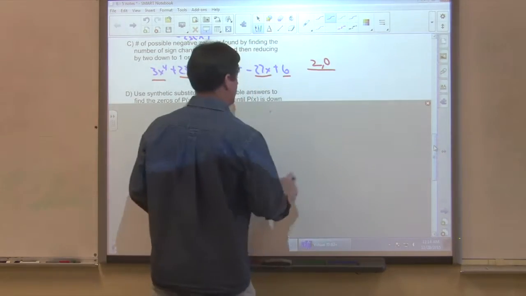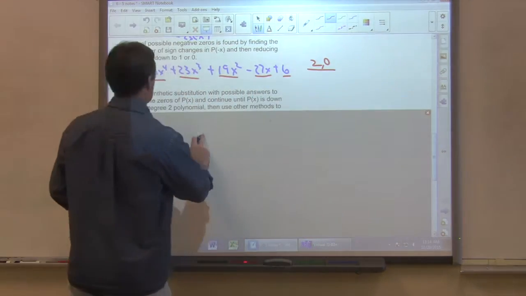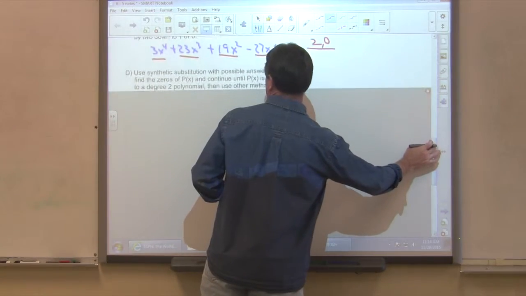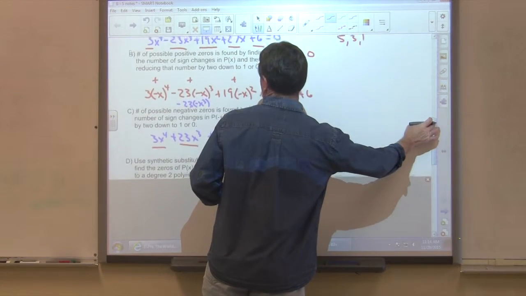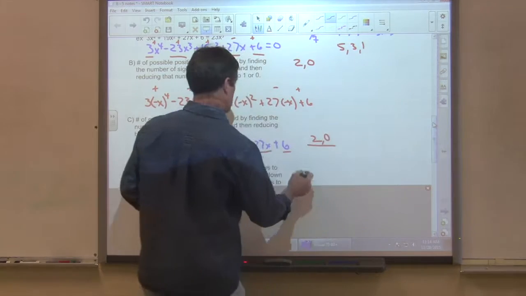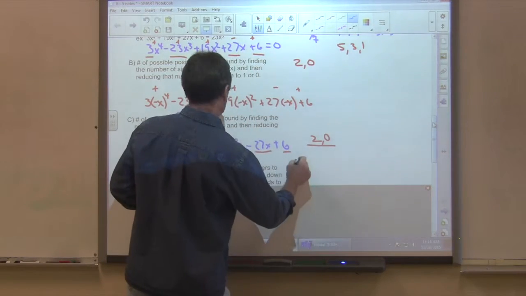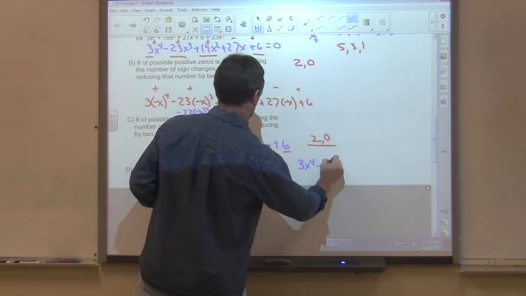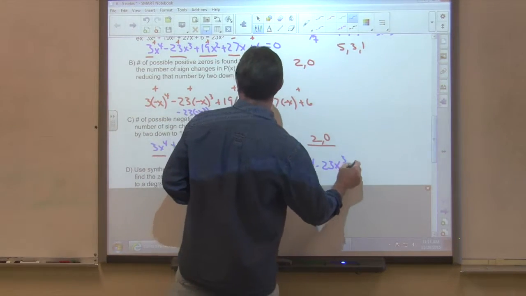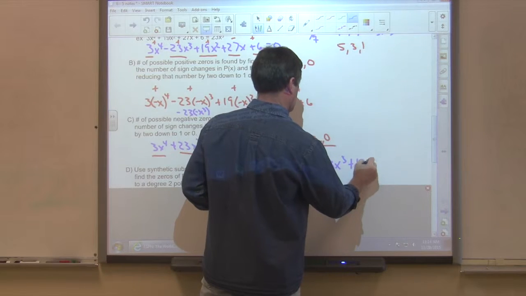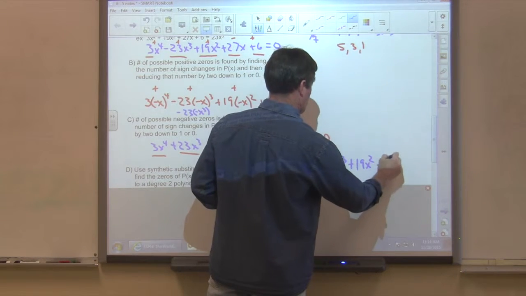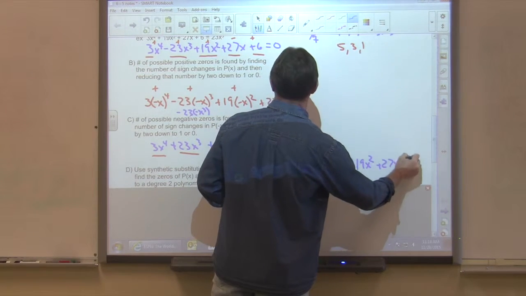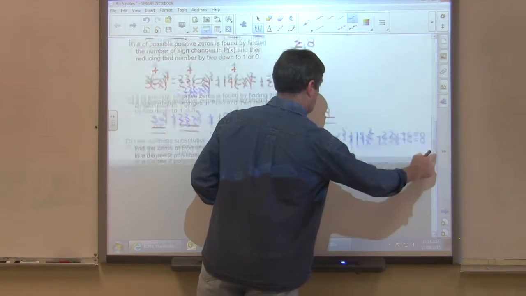So now we've got this problem. Let's rewrite it right here. 3x to the fourth minus 23x to the third plus 19x squared plus 27x plus 6 equals 0.